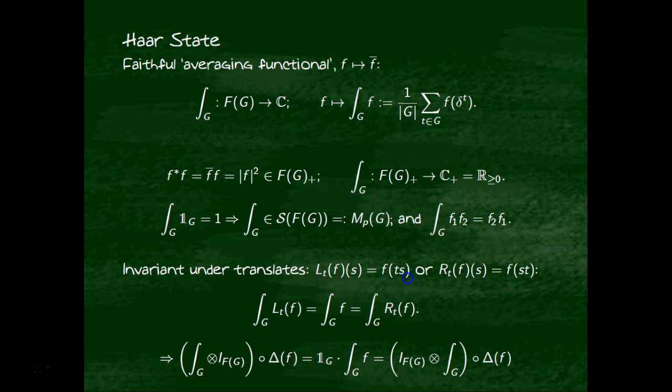This is called invariance, and it's very, very powerful, particularly in something called representation theory. And the Haar State has this invariance.